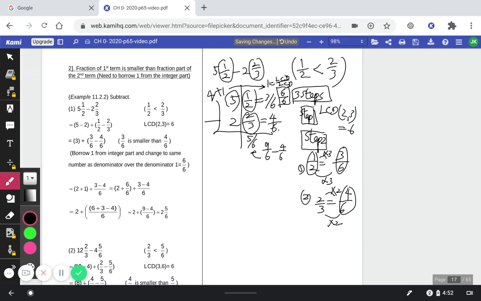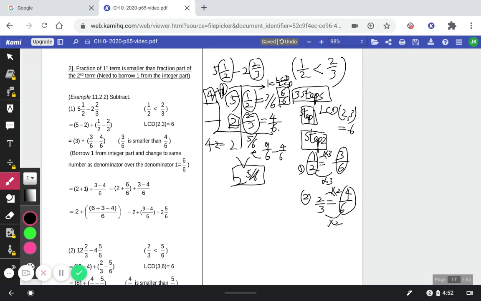In the integer portion, because you lent 1 to the other side, you now only have 4 minus 2. So 4 minus 2 becomes 2. So your final answer becomes 2 and 5/6.